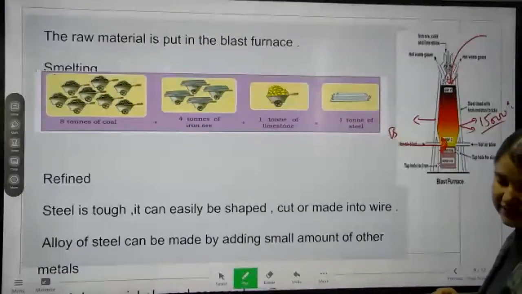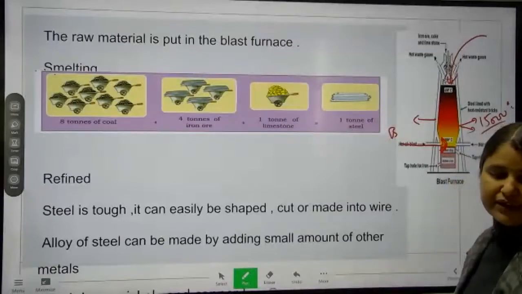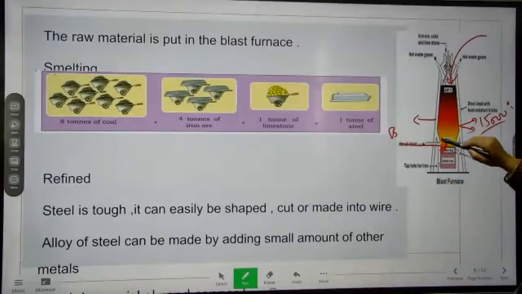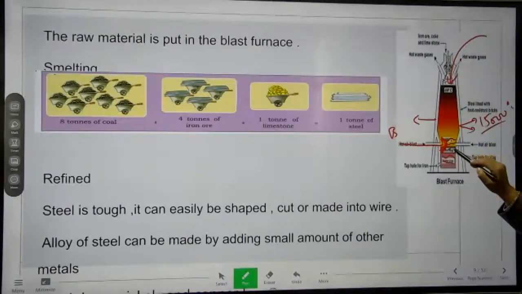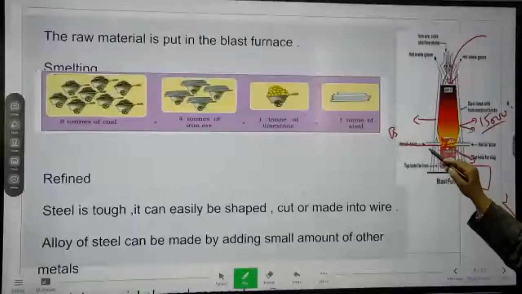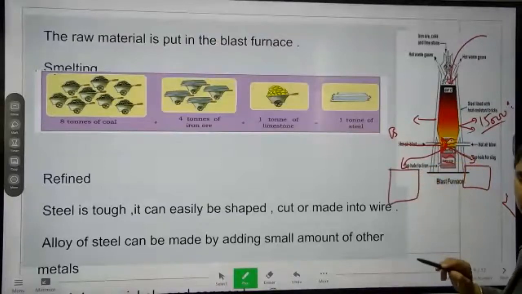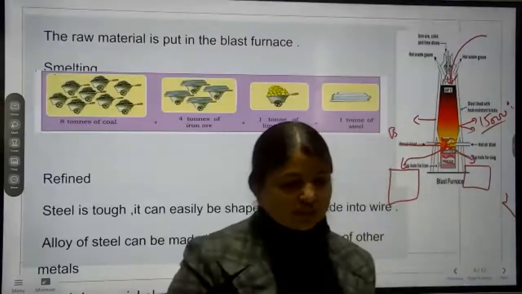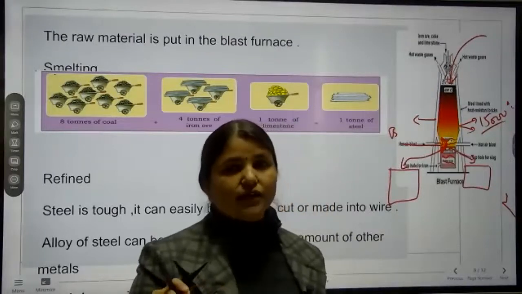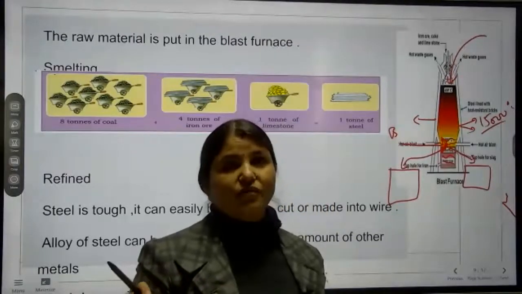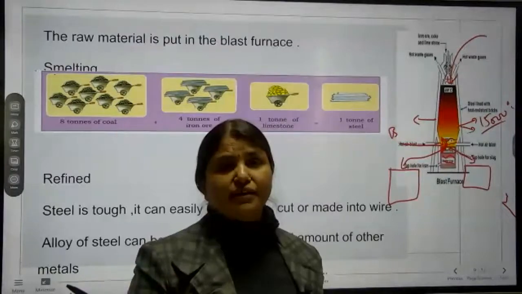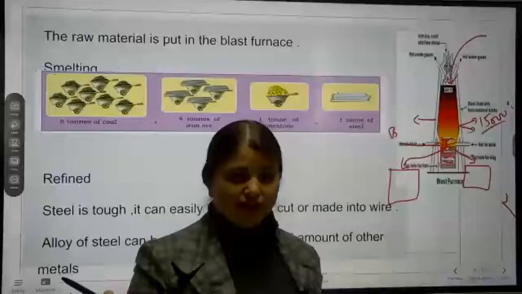More than that, when the temperature is there, then the iron will start melting. Iron will come downside. Whatever impurity is there will come out by the sludge, this side. And whatever molten iron we have will be collected from this side. Okay, so this is the processing, and the molten iron we are getting is our output, which we get by this blast furnace.